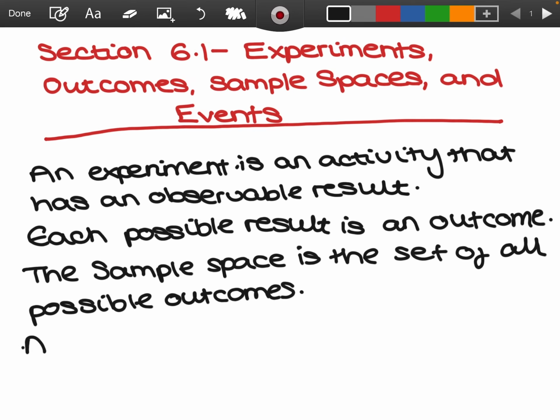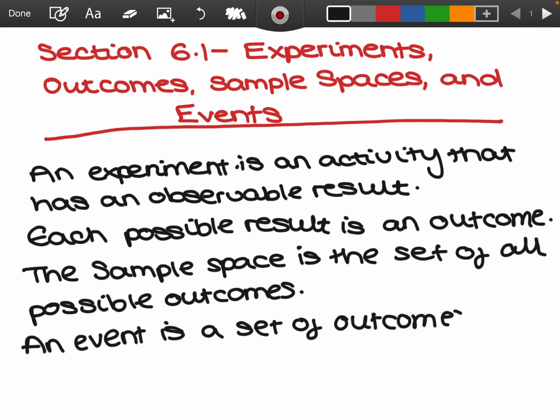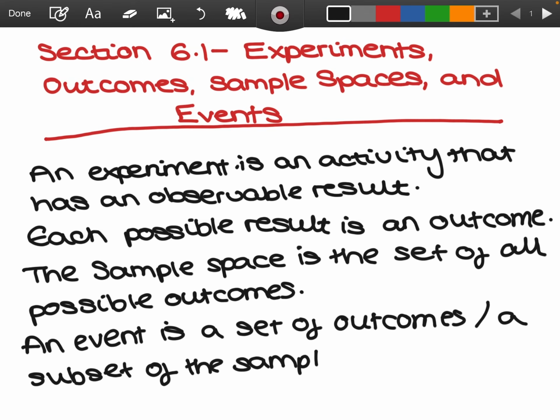Okay, so an event is a set of outcomes, or you can also phrase it as a subset of the sample space. Okay, so that's what each of these 4 terms means. So whenever we go through this particular chapter, you will know whenever we refer to each one of these 4 things exactly what we mean.